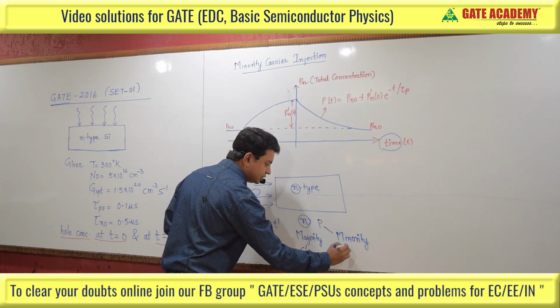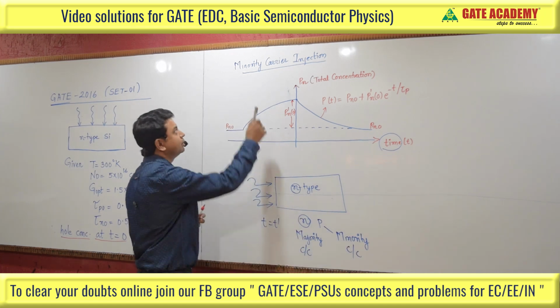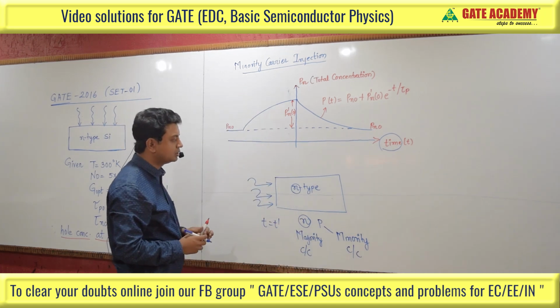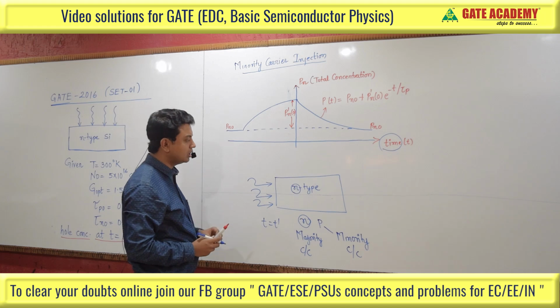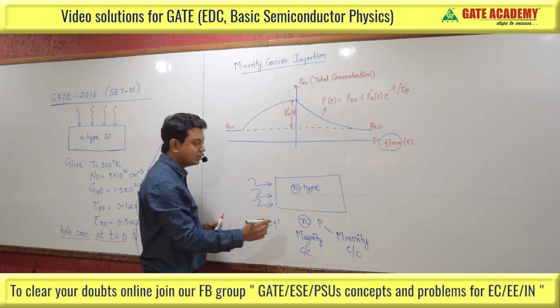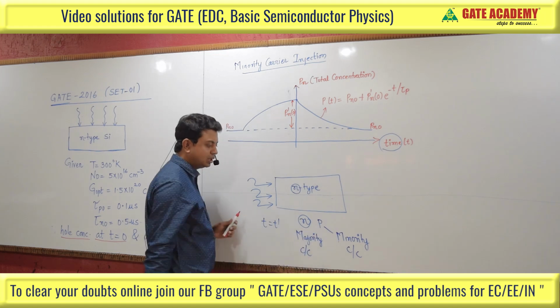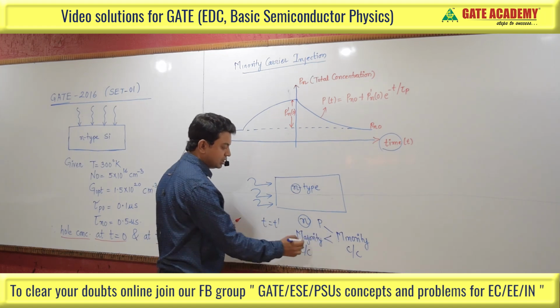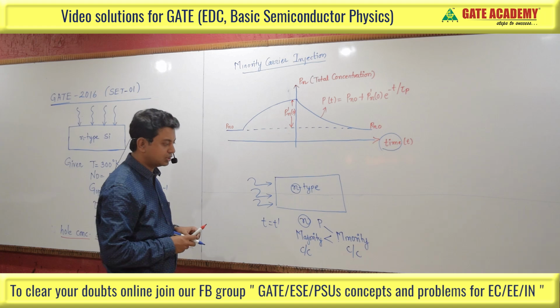So this is a question from minority carrier injection, because if a semiconductor is illuminated with light, then the relative change in the minority charge carrier is much greater than that of the majority charge carrier.